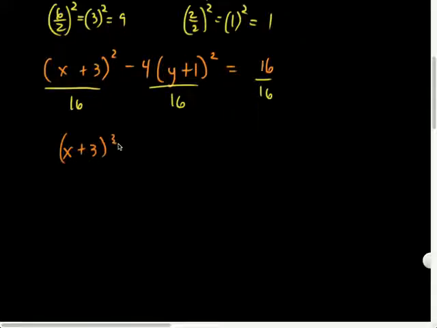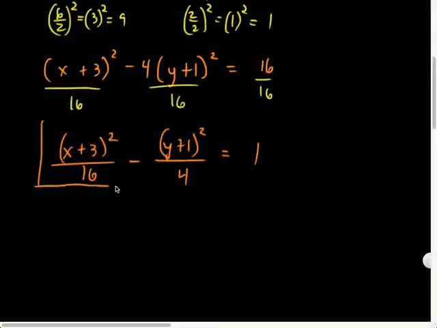So x plus 3 all squared over 16 minus y plus 1 squared all over 4, and 16 and 4 cancel, equals 1. So here's my standard form.